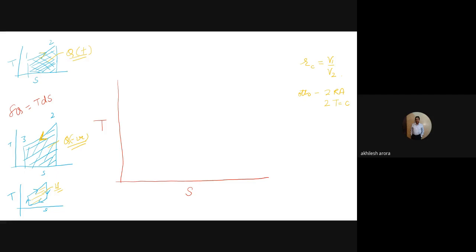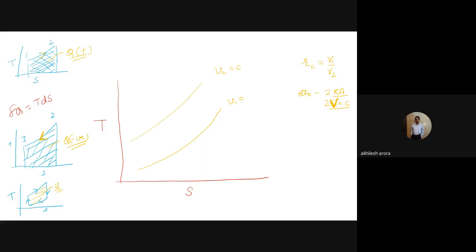So what I can do is, first of all, draw two constant volume lines among which the Otto cycle is to be drawn. Here the volume is V2, here the volume is V1, and it will be constant in both the cases. And let me tell you, the value of volume V2 is less than V1.